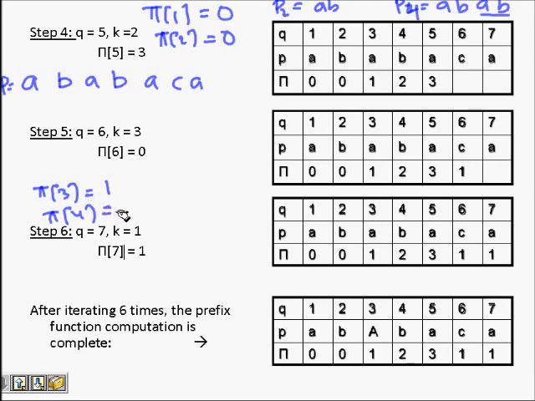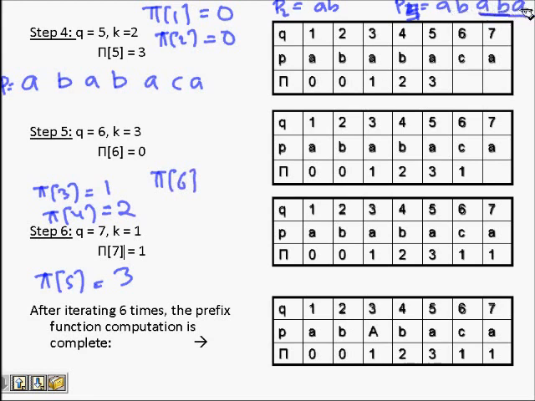So pi 4 will be 2. Your pi of 5, p5 is ababa. A is a suffix, length 1, ab not a suffix, aba is a suffix of this, abab is not a suffix. So pi of 5 is 3.